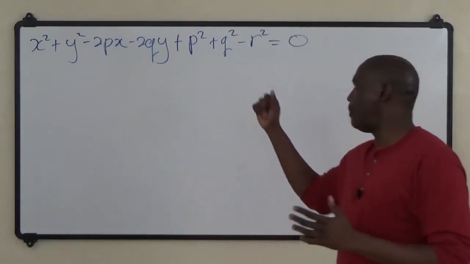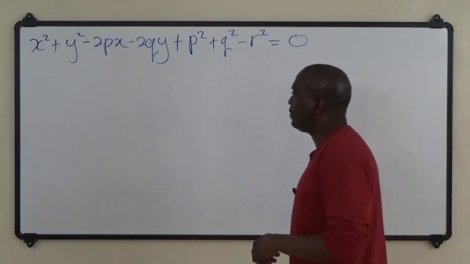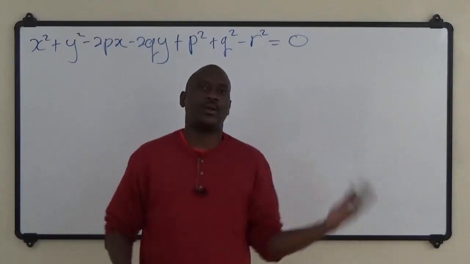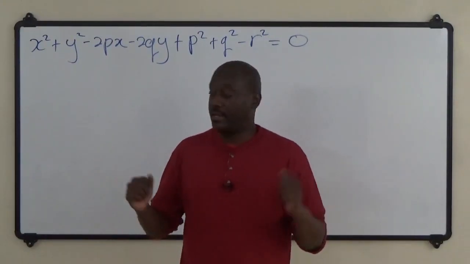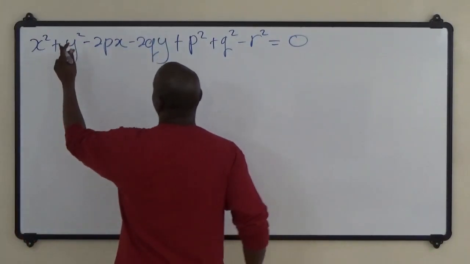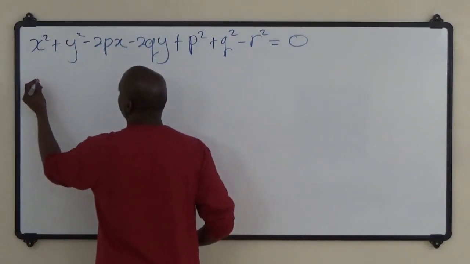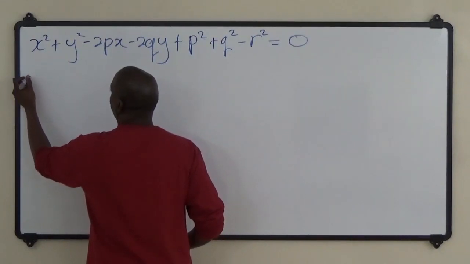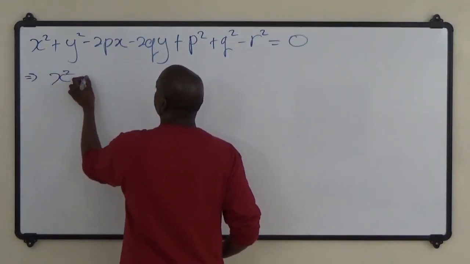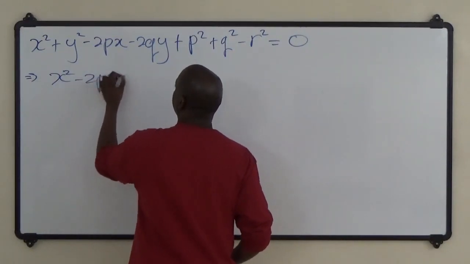So, let me start. The first thing we do here is bring all the x's together and all the y's together. So what we have is x squared plus y squared, and we say that that is equal to x squared minus 2px.